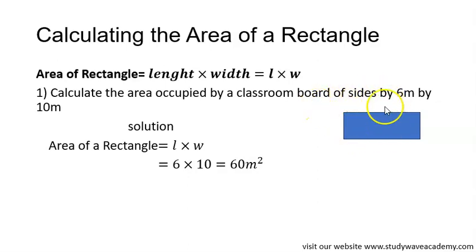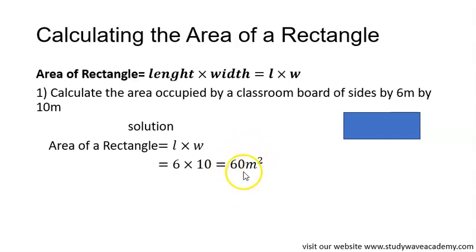Looking for the area of a rectangle, which is a classroom board, is L times W, which is length times width. So L times W, we input our numbers into the formula, okay? L, which is the length, is 6 meters. So we input 6. And W, which is the width, is 10 meters. We input 10. So 6 times 10 is going to give us what? When you calculate 6 times 10, what is going to be your answer? 60, right?